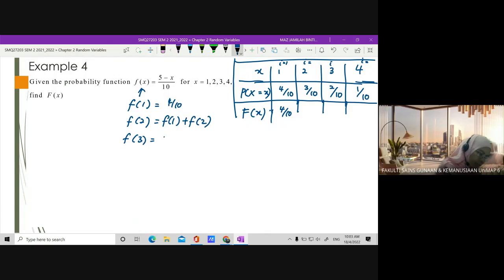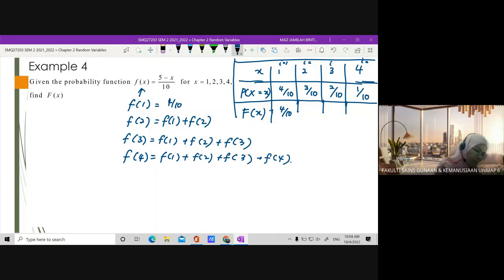F3 will be F1 plus F2 plus F3, because we are talking about cumulative. F4 would be F1 plus F2 plus F3 plus F4. Okay, so F1 plus F2 for i equal to 2. So this will be what?